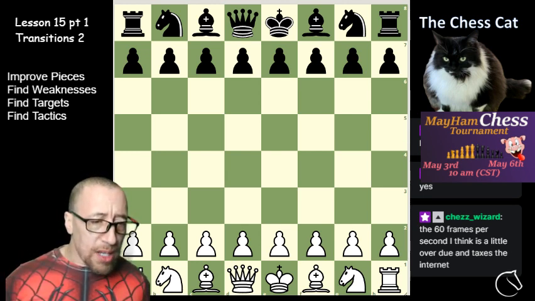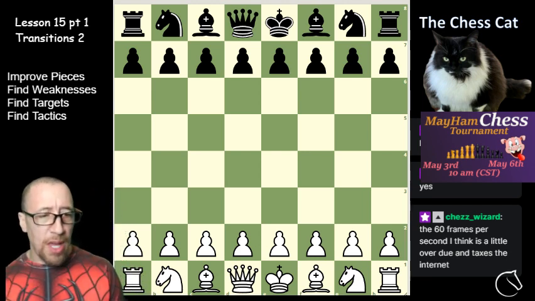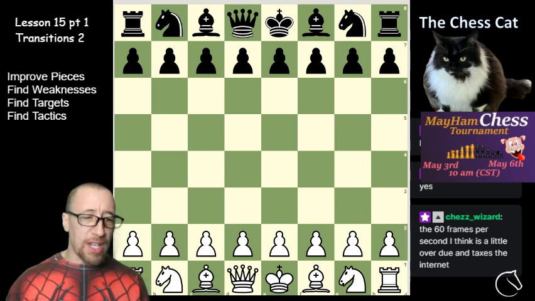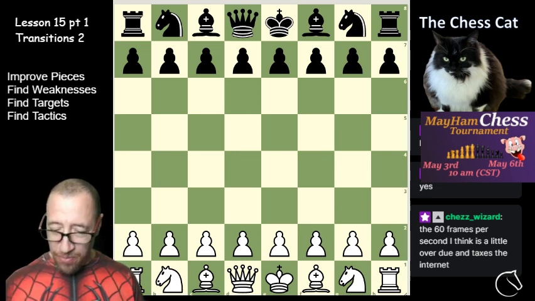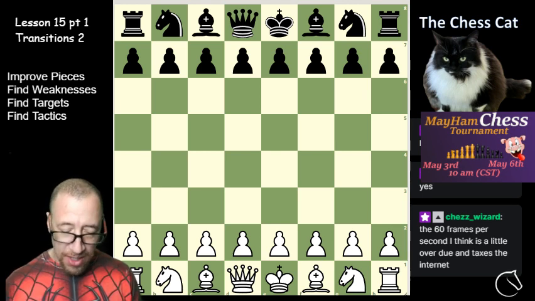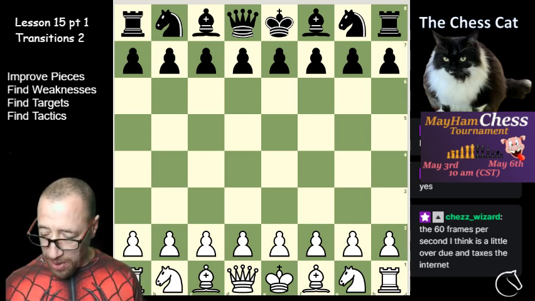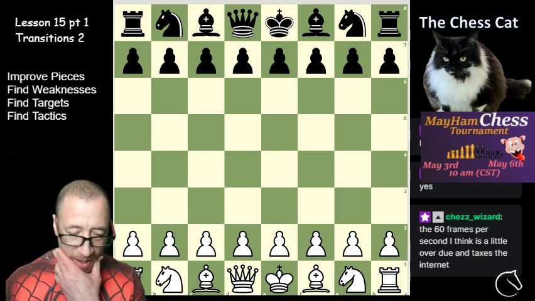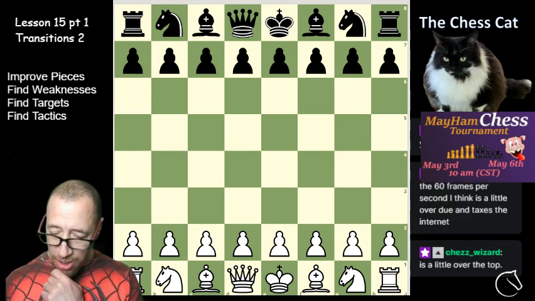A little overdue. The 60 frames per second, I think, is a little overdue. I don't know what you mean by overdue, which is funny because that sounds like you're saying taxes are overdue. So, 60 frames per second. I see where I have frames per second, and it is set at 60, so I don't know where I can change that on the fly. That's what happened last time, but I didn't get to change it. Right now I am at FPS 60 and it does not allow me to change it. I can change my bit rate, but the bit rate has to go up.